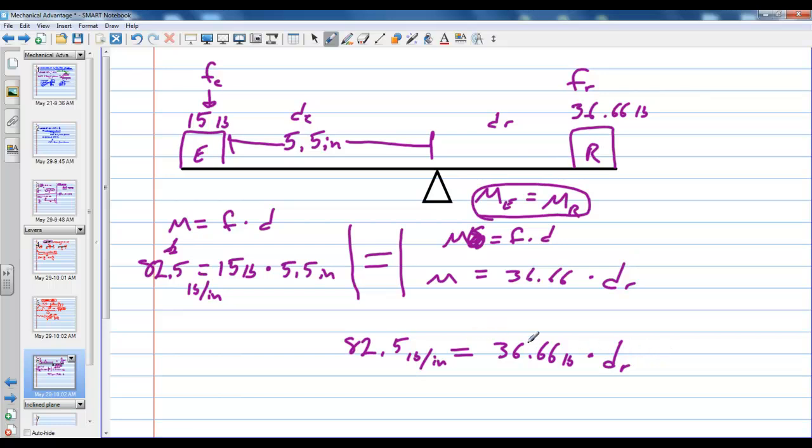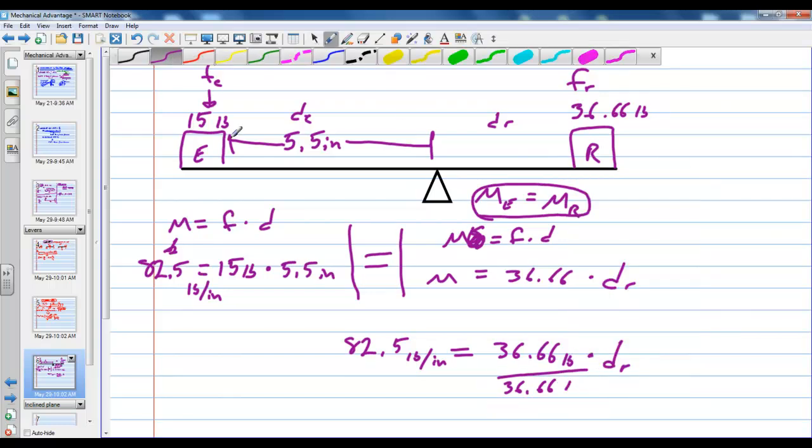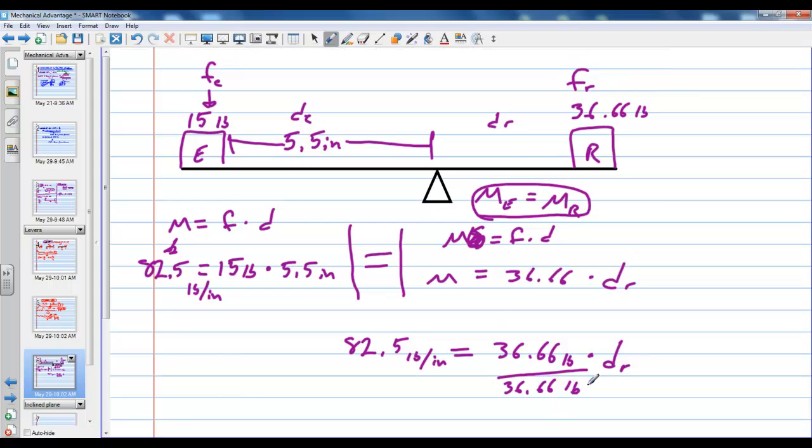And then we do some simple algebra there and we can figure that out. We'll divide this side by 36.66 lb, and what we end up doing is crossing that out.